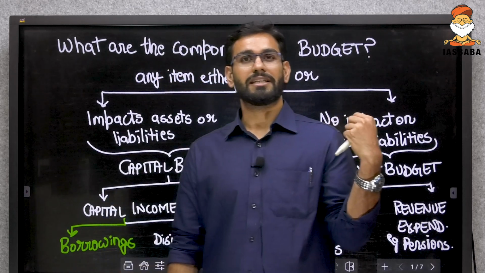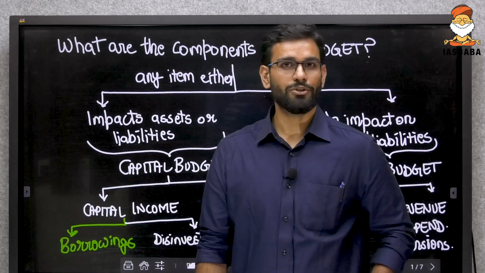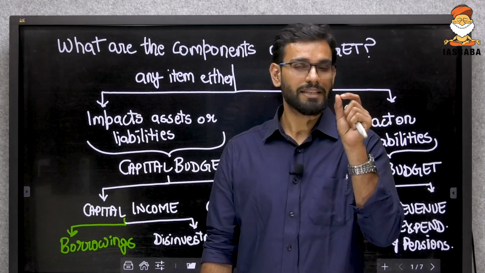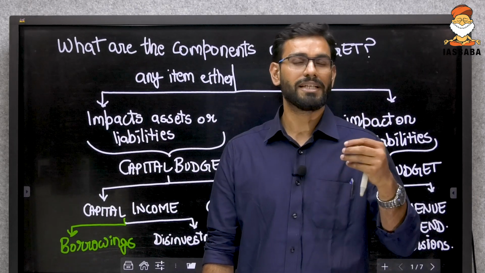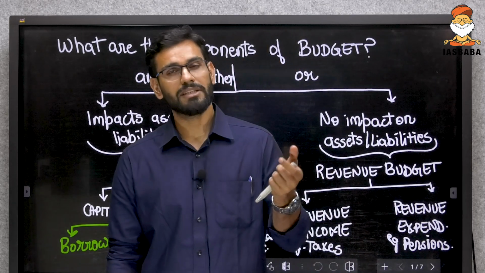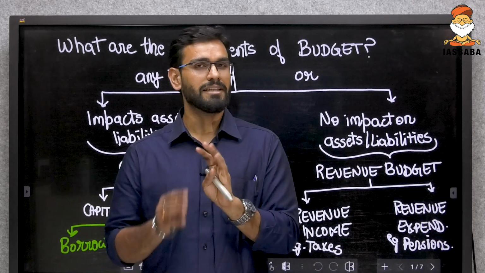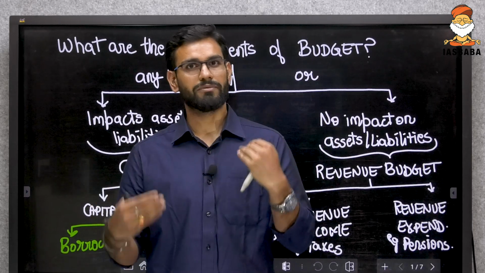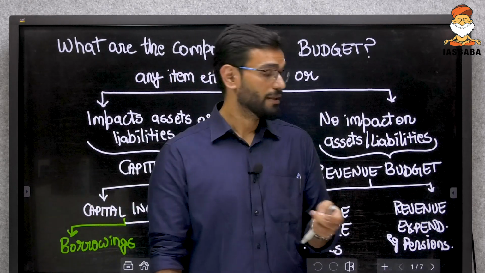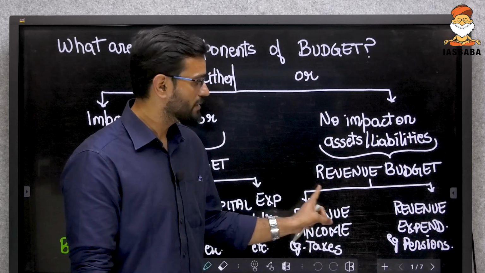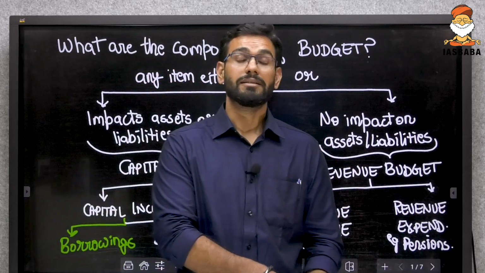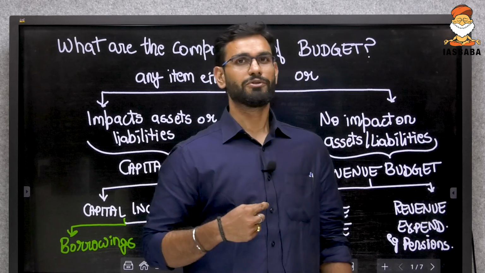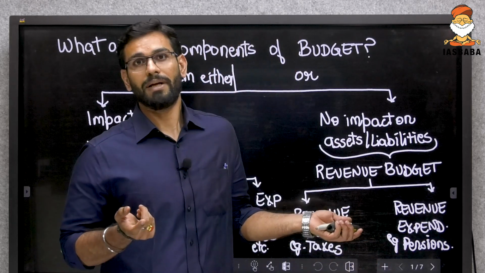So anything that causes money inflow or money outflow impacts assets or liabilities, and anything that does not impact your asset or liability is what will be included under the revenue budget. For example, the salary that you give to your housemaid is a revenue expenditure for you, because that salary does not impact your asset or liability.